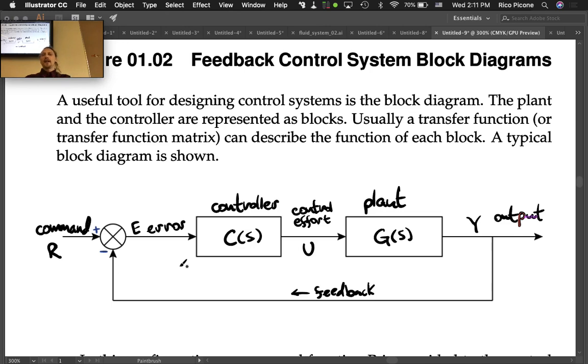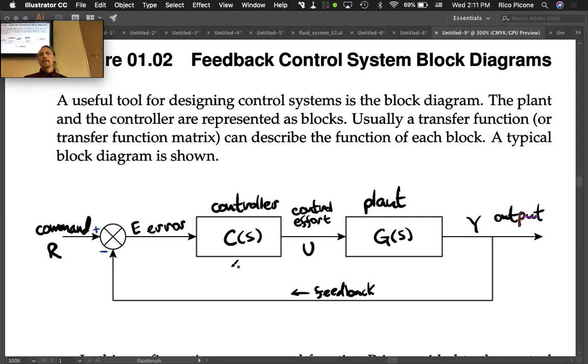The controller decides what control effort to apply to the input of the plant to try to make that error 0, to continue to drive that to 0. So a lot of what we're going to do from here on out is explore what the implications of different things going on in C have to do with the performance of the control system.